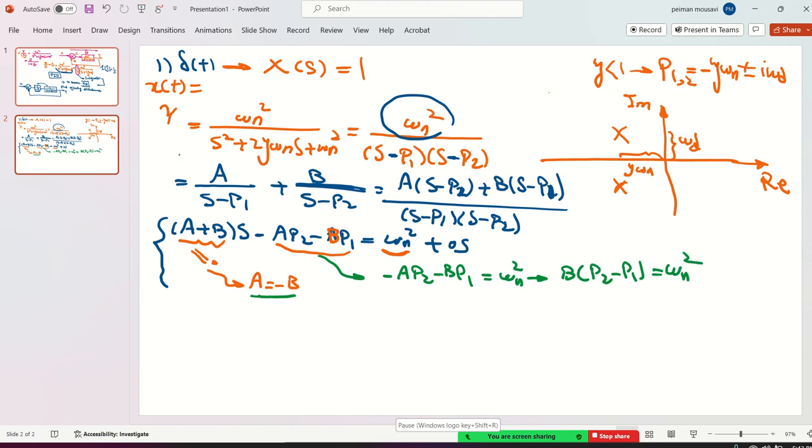So we have p1 and p2. p2 minus p1 is going to be minus zeta omega n. So suppose p1 is plus and p2 is minus.